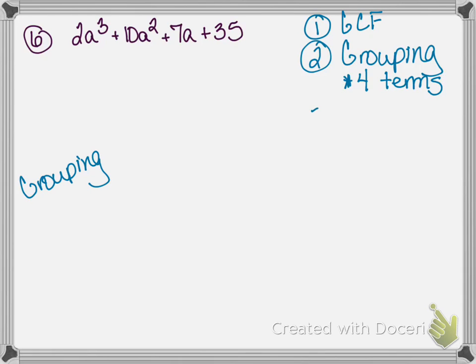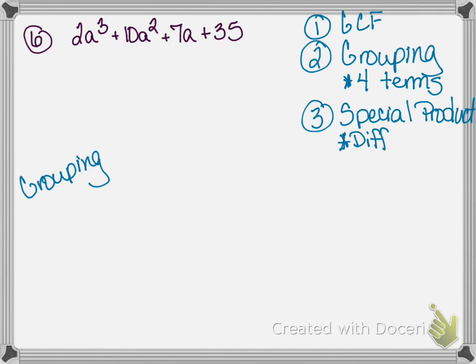Okay? The next thing that I would ask myself, is it a special product? Okay, the special product that matters the most is difference of perfect squares. You've got to be able to identify difference of perfect squares. If you have a perfect square trinomial and you do the product and sum, you're going to be okay.